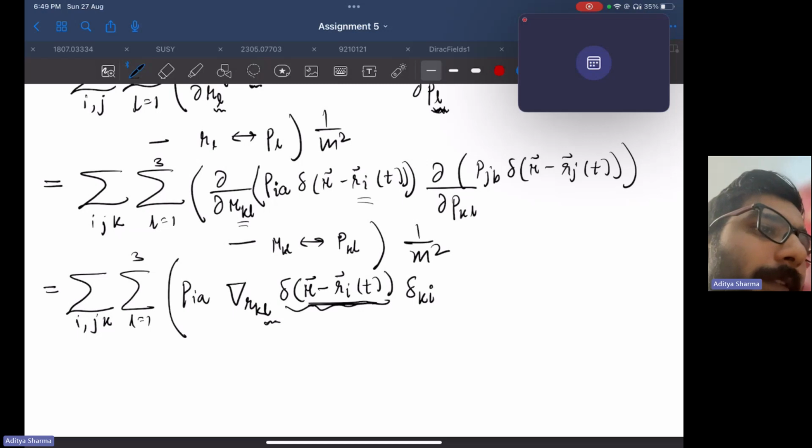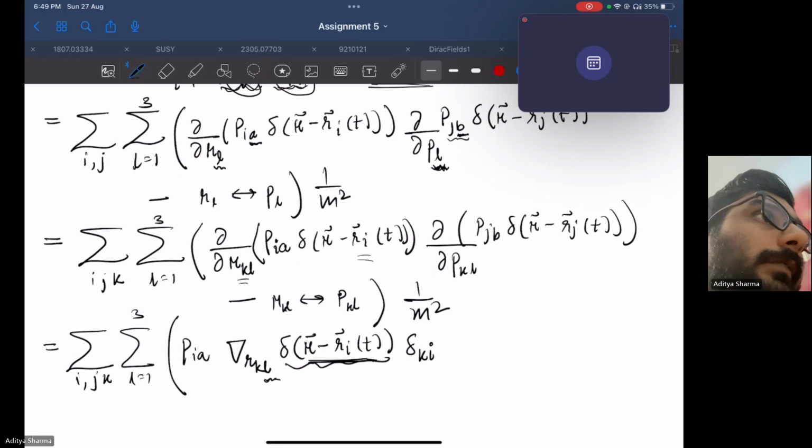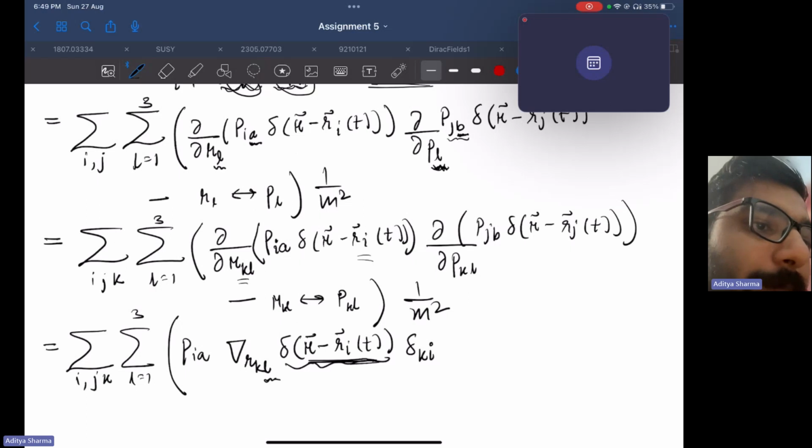What this means is that there is no free P index here. That is what I mean to say. So you may as well take this to be L itself.